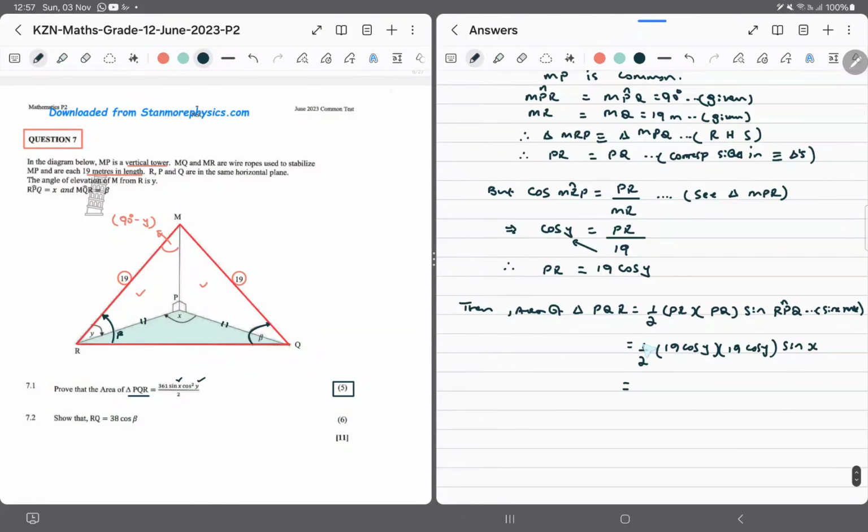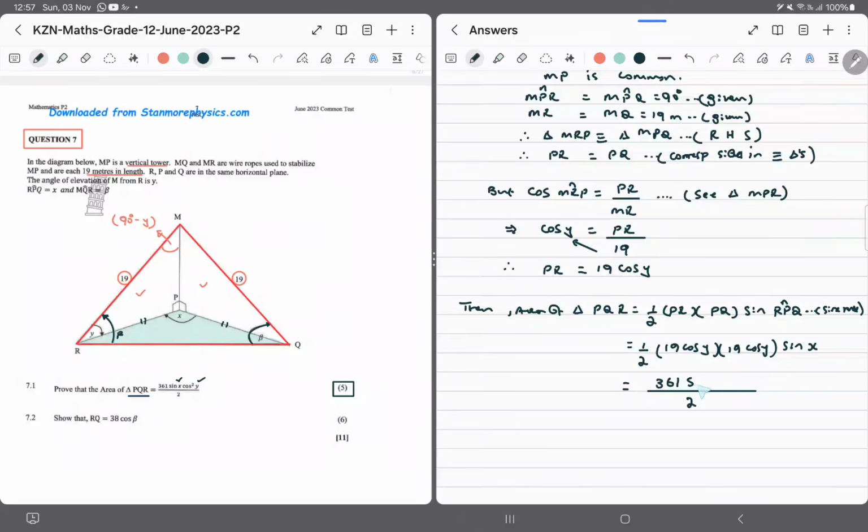Now the numerators will multiply, and these are all over 1, so this is over 2, so 2 comes down there. 19 by 19, what is it? 19 squared is 361. Then cos, we'll write it as it is given to us.